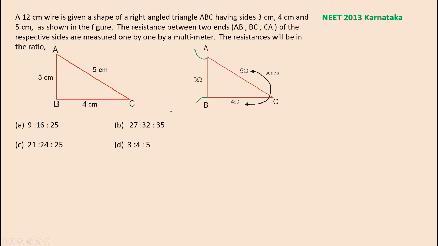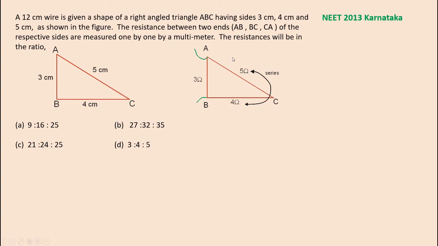This is the first case, RAB, measuring between A and B. So these two resistances, 4 ohm and 5 ohm, will behave as if they are in series. Then 3 ohm will be in parallel to this series connection.